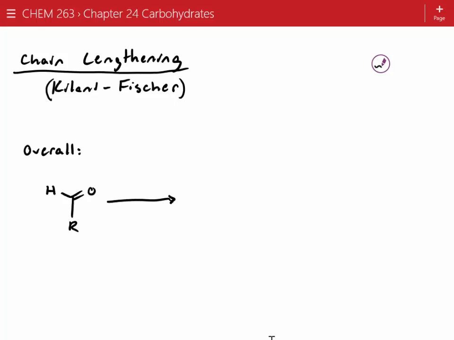All right, and we can react this with cyanide. And in this case, what will cyanide do with an aldehyde? It'll add in, right?